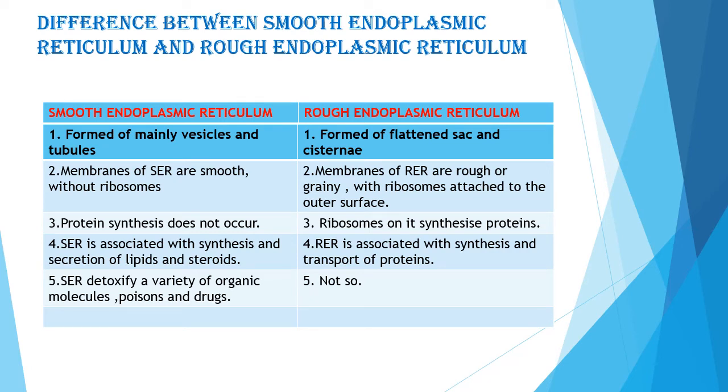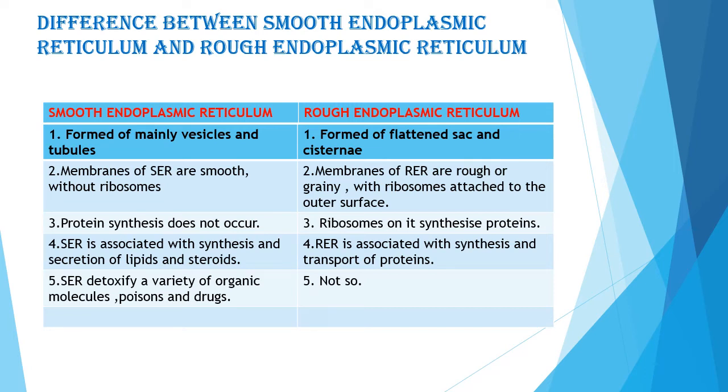Protein synthesis does not occur in SER, that is, smooth endoplasmic reticulum. But ribosomes in rough endoplasmic reticulum help in the synthesis of proteins. Smooth endoplasmic reticulum is associated with synthesis and secretion of lipids and steroids, which are helpful in the formation of the plasma membrane.